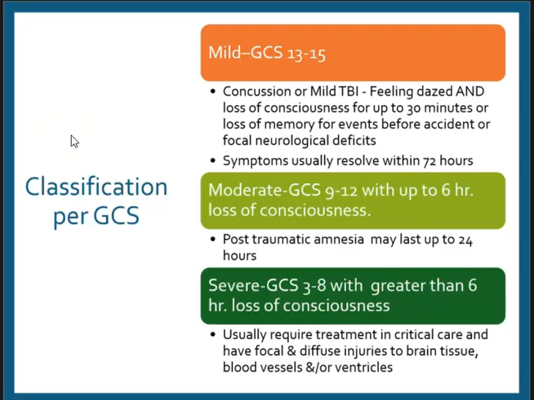Maybe they're playing sports and got hit in the head. They feel a little dazed and confused. They have a loss of consciousness for up to 30 minutes or a loss of memory before the event happened. But these symptoms are probably going to be reversed, well, not reversed. They're still going to have some scar tissue there. We can always tell when somebody's had a concussion over and over and over again. If you ever watched the Aaron Hernandez documentary on Netflix, that is basically what happened to him.